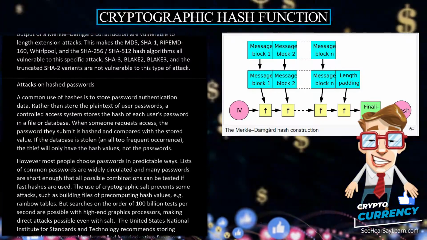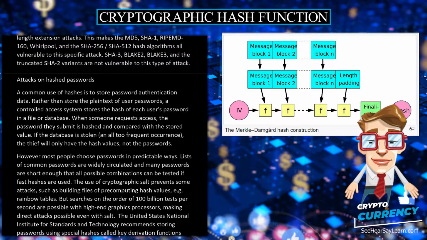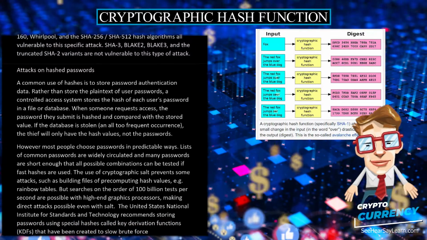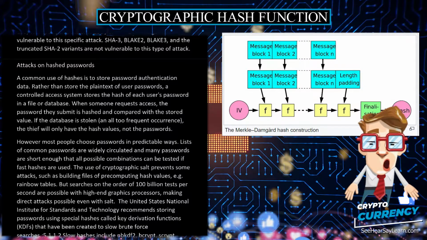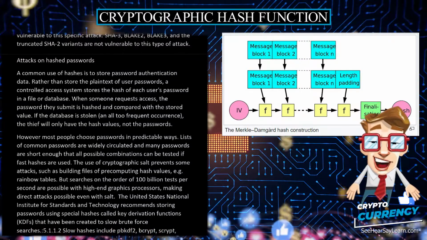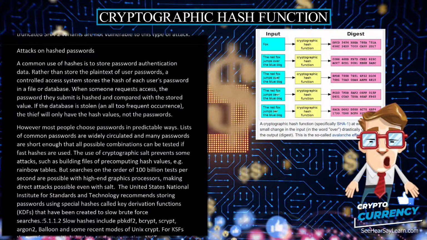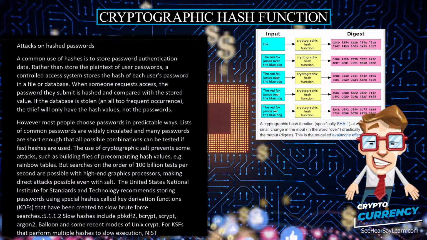Slow hashes include PBKDF2, bcrypt, scrypt, Argon2, Balloon, and some recent modes of Unix crypt. For KDFs that perform multiple hashes to slow execution, NIST recommends an iteration count of 10,000 or more.